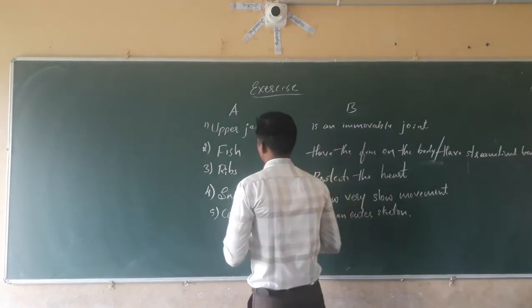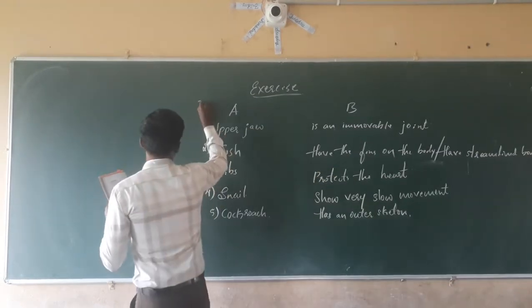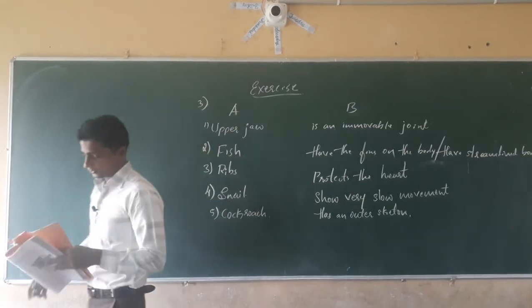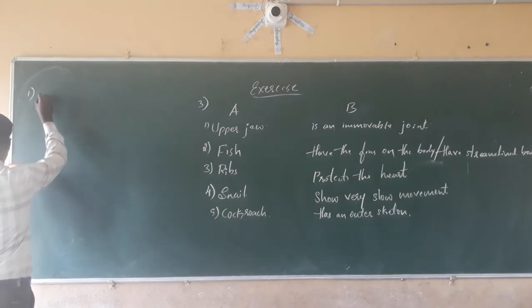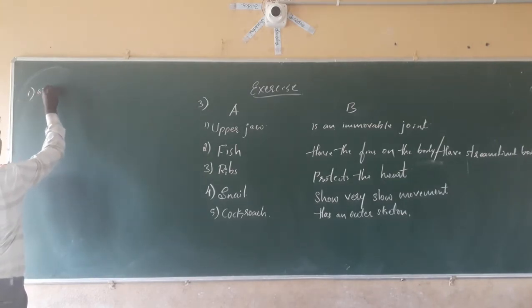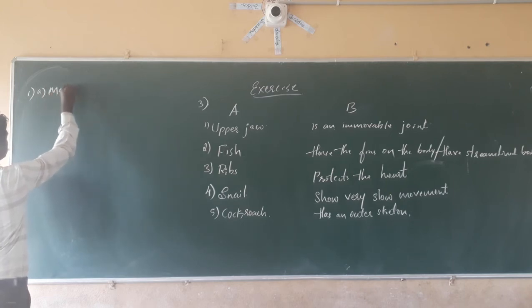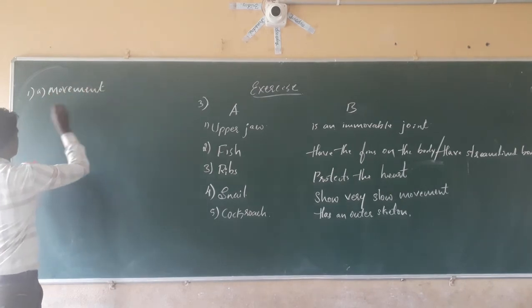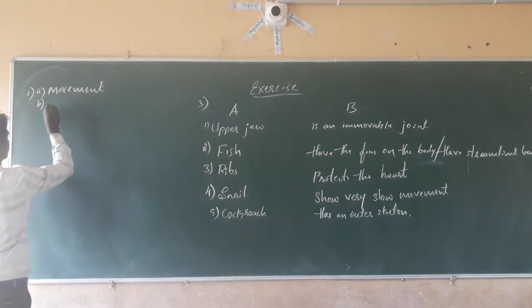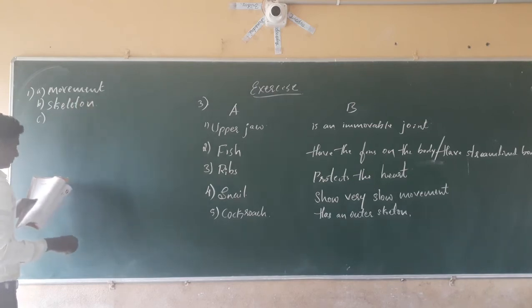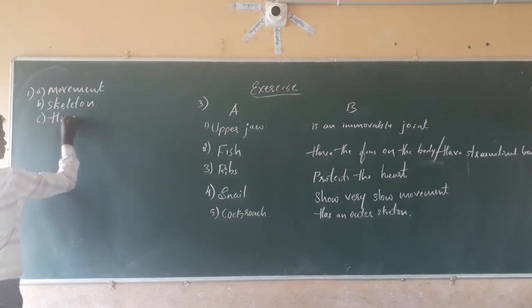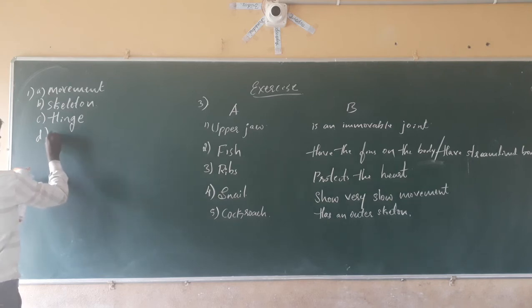These are the fill in the blanks. Question number 3 it is. If you are not understanding, I will write on the board, correct answers only I will write. The first question, that is A, movement. B, skeleton, seat work, hinge, detail, muscles.